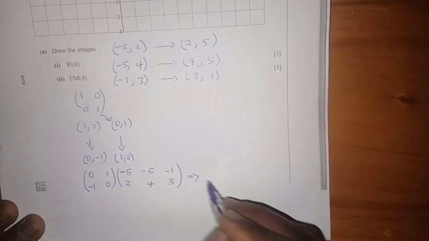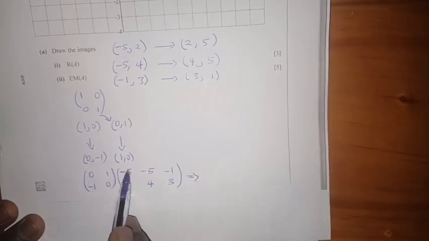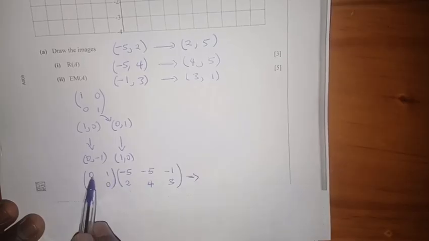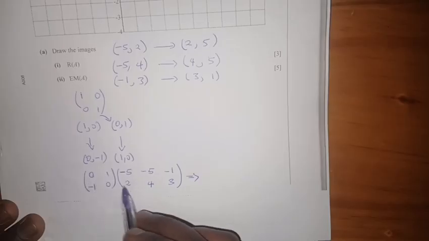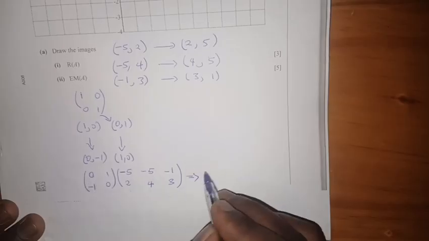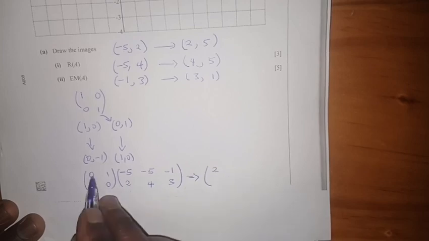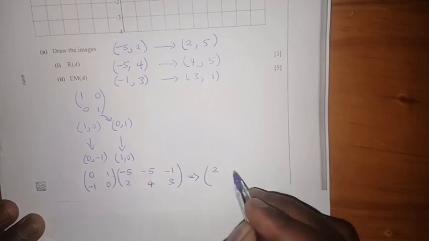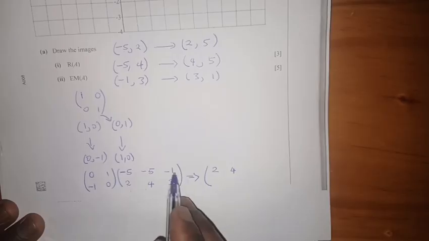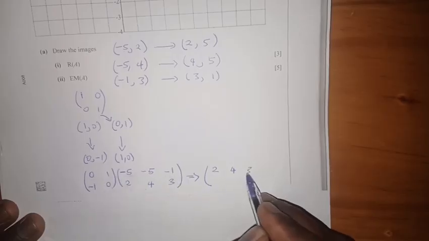Let's just multiply these two matrices, this times that. So it's 0 times negative 5, that's 0, plus 1 times 2, it's 2. 0 plus 4, that's 4. 0 plus 3, that's 3.